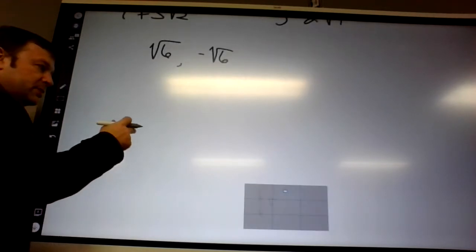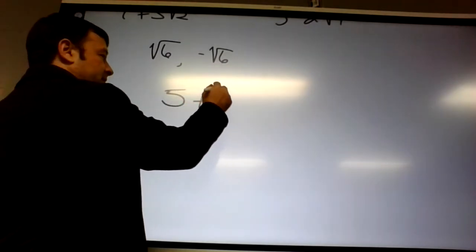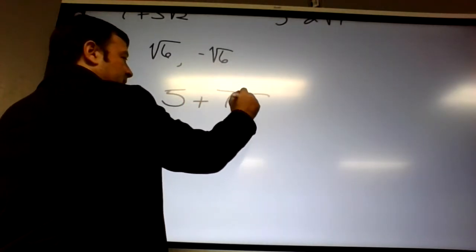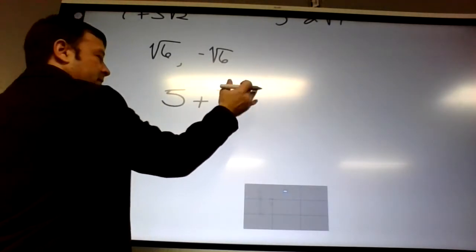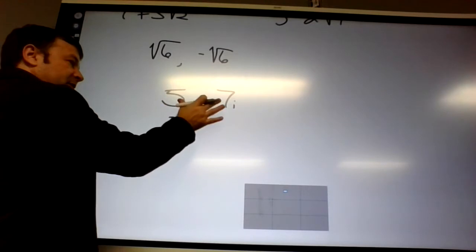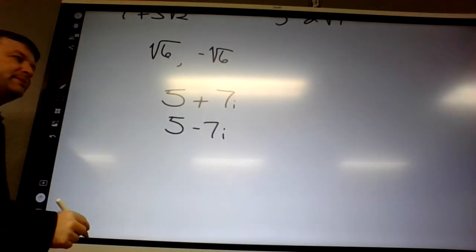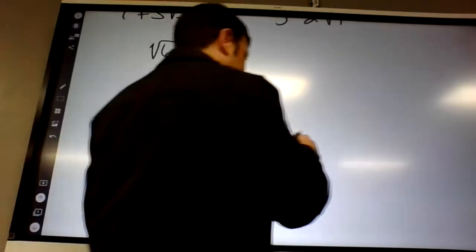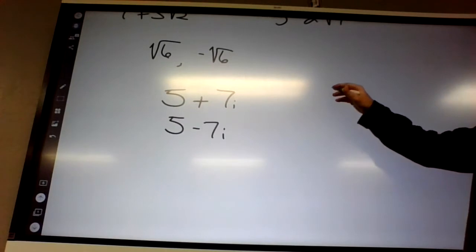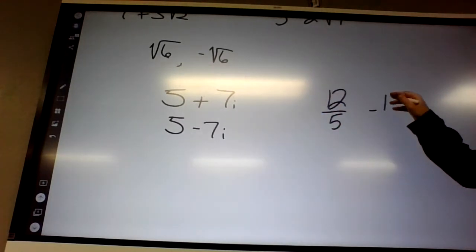Also, that works with imaginary numbers. So sometimes we would get something like this, or it might just be 7i or whatever. But its conjugate, if this is an answer, this is also an answer. Okay, same thing. Now, if I get a normal answer like 12 or 12 fifths, does that mean negative 12 fifths is an answer?